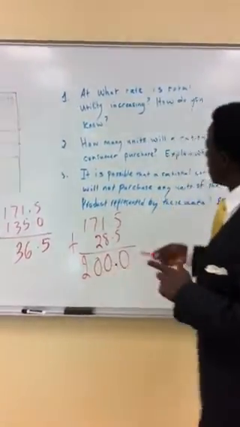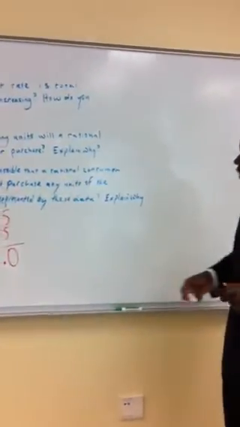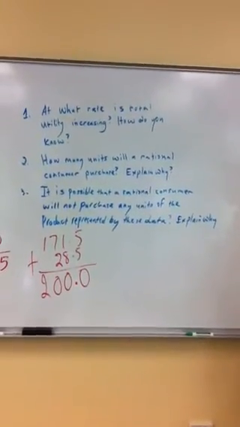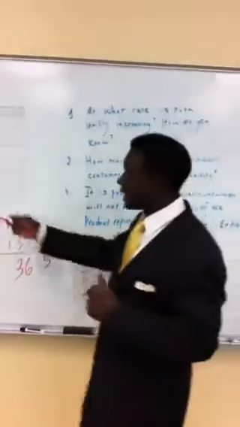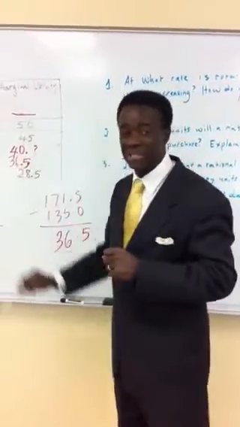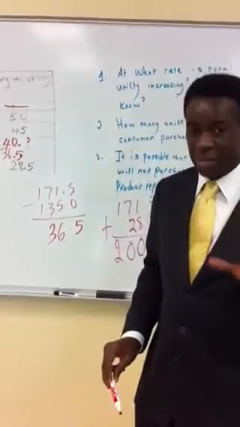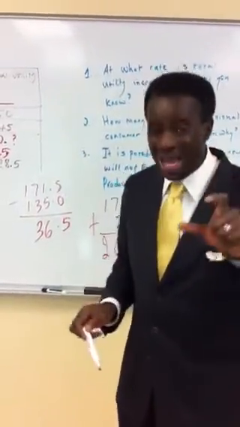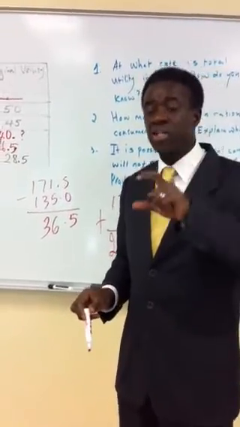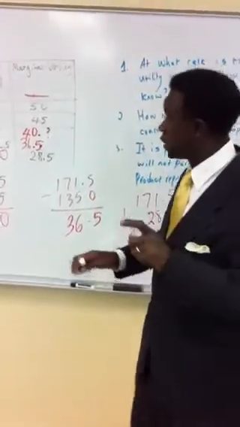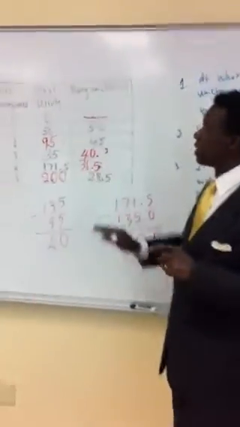Now, is it possible that a rational consumer will not purchase any units of the product represented by these data? Yes, it is possible, because from the outset the rational consumer's marginal cost may be higher than his or her marginal benefit.